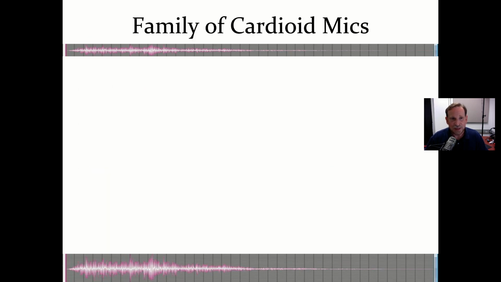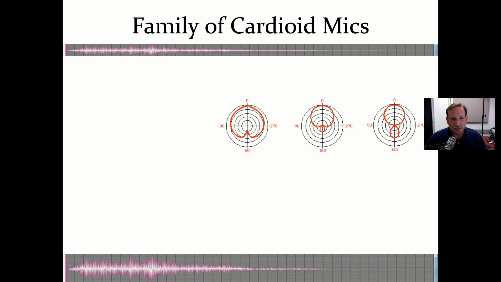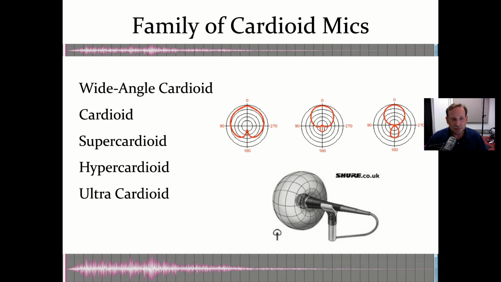So let's take a look at the family of cardioid mics. We've got quite a range available to us. We've got a traditional cardioid, we've got a supercardioid, a hypercardioid. Beyond that, we've got an ultracardioid. And as you take a look at this pattern that's being displayed here, you can notice that from 180 degrees behind the microphone, the cardioid is being pretty much cut off.